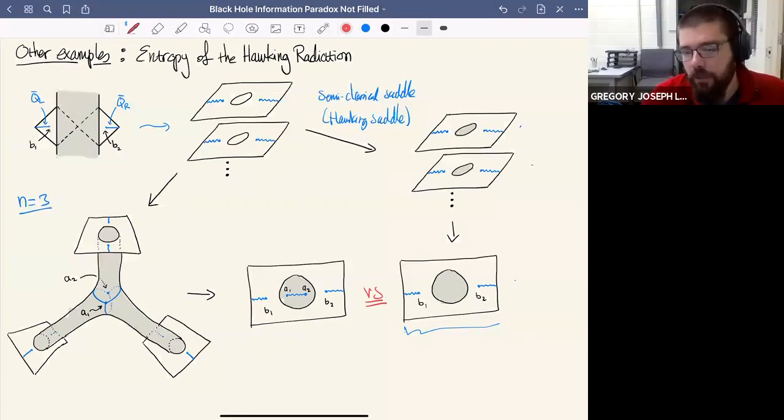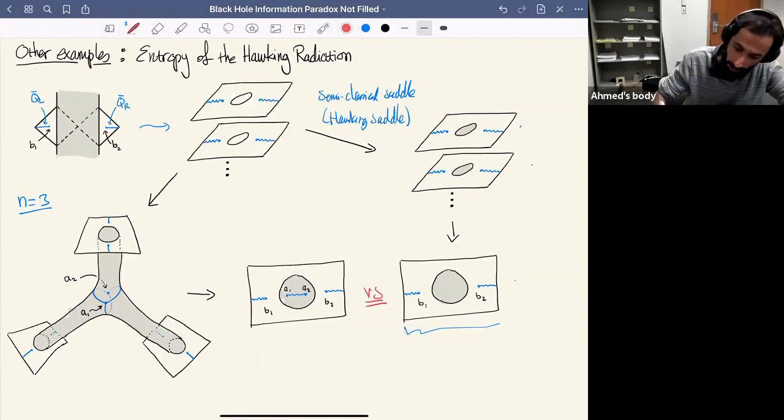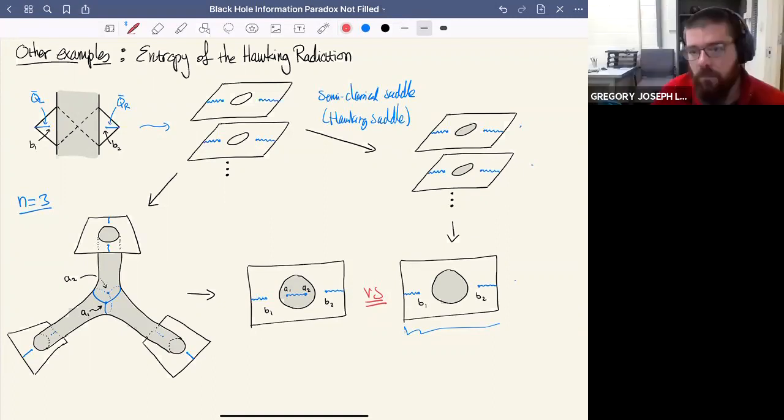So it looks like these have different Euler characteristics. So the reason that one dominates at late times, it's overcoming the exponential suppression? Yeah, so good. Essentially what happens, we can just write it down.